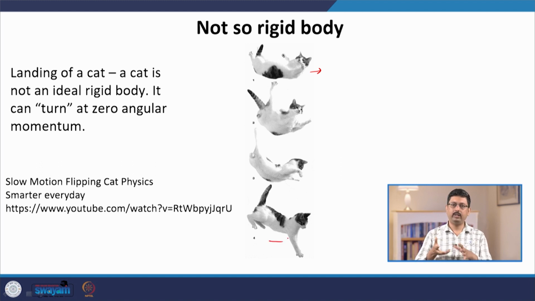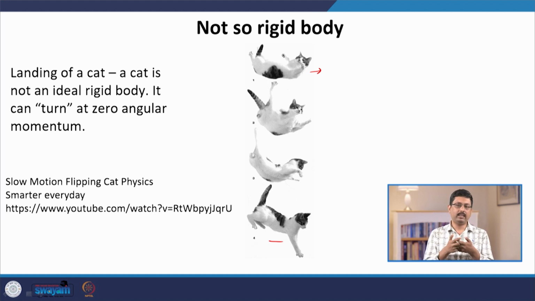So, it turns in air and lands on its feet. The puzzle in this case is that if you release the cat from rest, then its angular momentum is zero, it is not rotating. So, if the cat was a perfectly rigid body, then it would be impossible to turn itself.